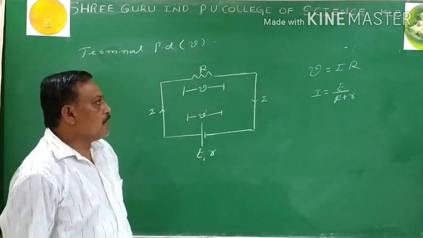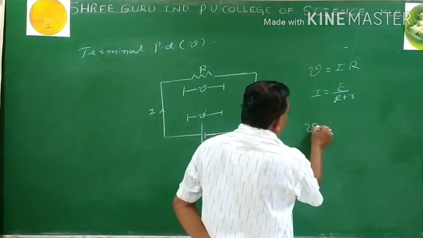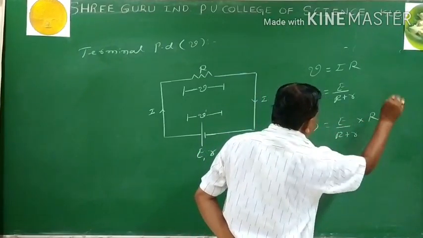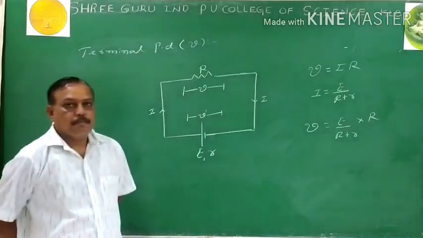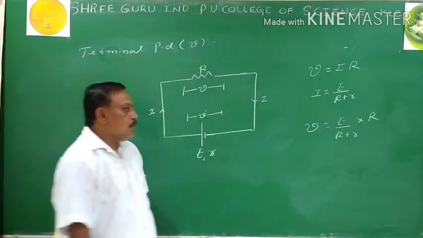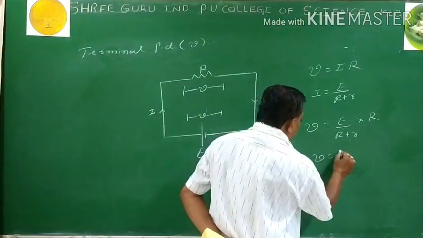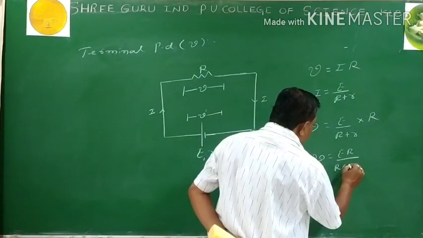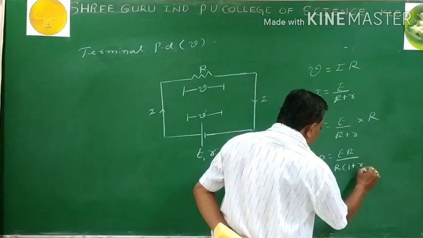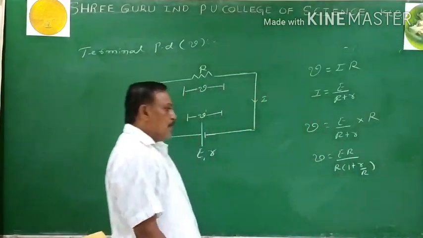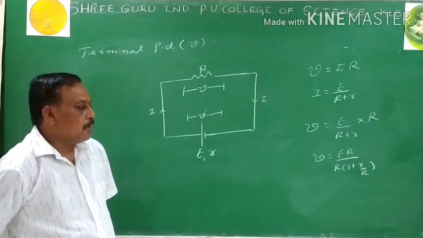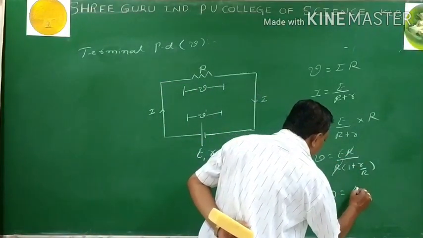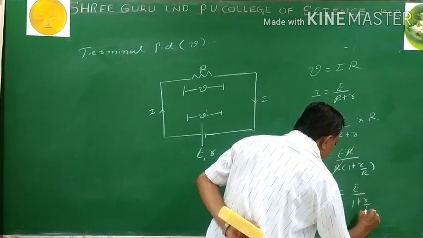Then I substitute in the above equation: V equals E divided by R plus r, into R, as it is, capital R. But I want to cancel that capital R. So V equals E into R divided by R, taking R common, it becomes 1 plus r by R. Is there any cancellation of the R in the numerator? Yes. Then V equals E divided by 1 plus r by R.